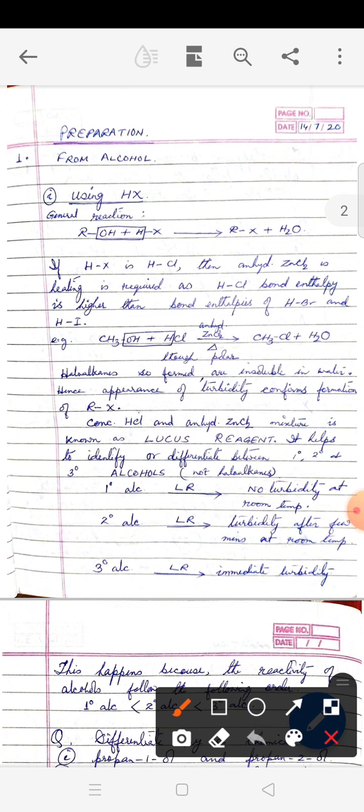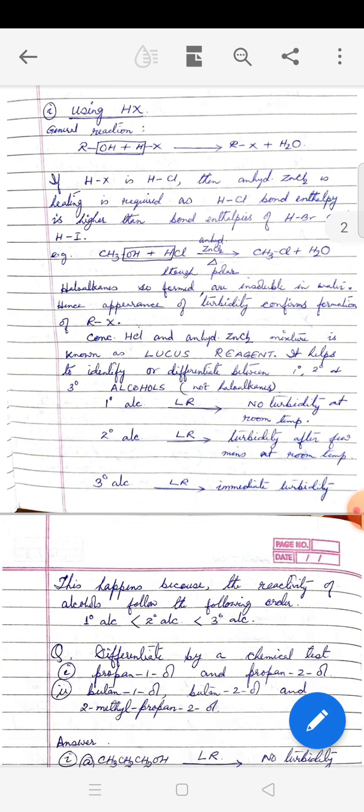It's not necessarily 5 minutes all the time. Few minutes, maybe minimum 5 minutes. Then you will see if turbidity appears, you can conclude that that is secondary, and the one in which no turbidity appears, that will be primary. So that's how Lucas reagent is a very useful tool in differentiating between different types of alcohols.